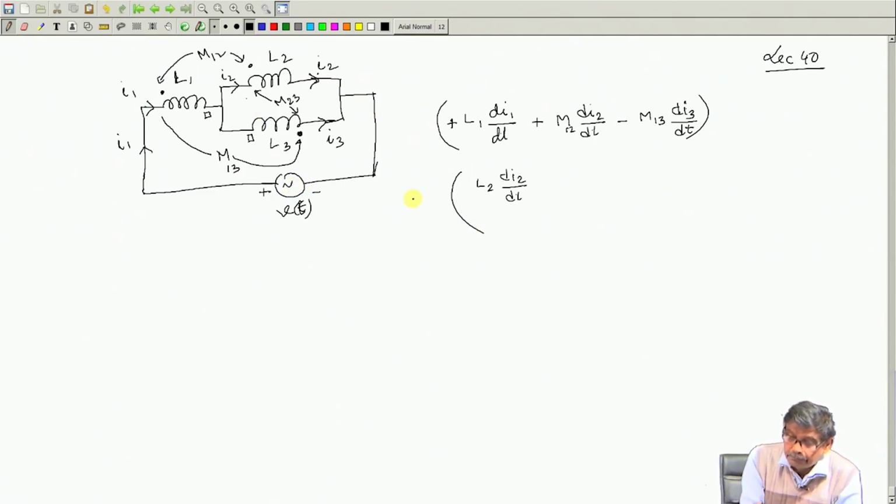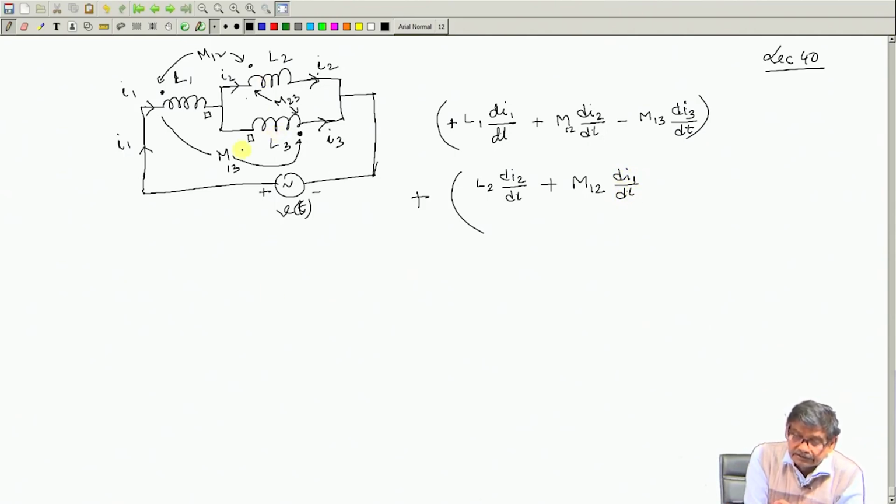So, this will be plus L2 dI2/dt, fine. Then because of I1 there will be an induced voltage. So, plus; which side will be plus? This left hand side, because I1 is entering through the dot. So, M12 dI1/dt.